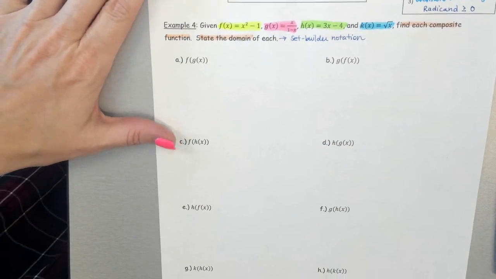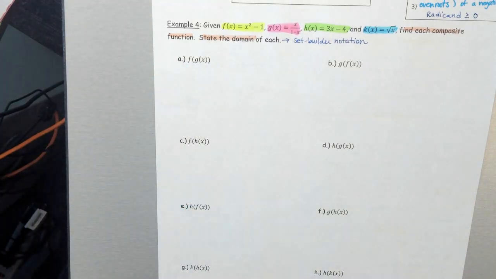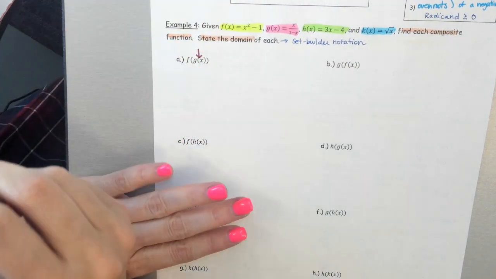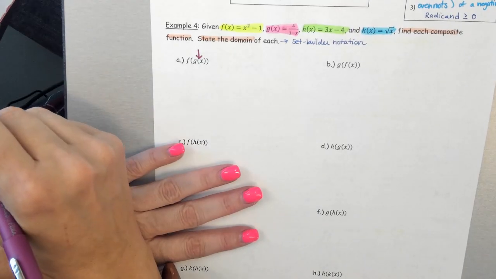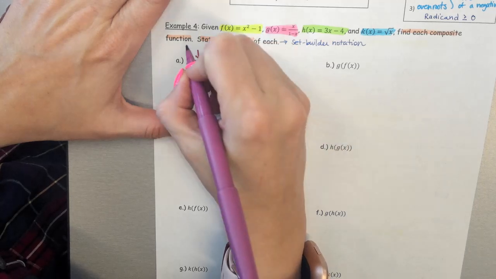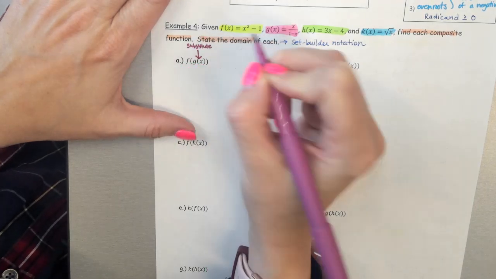Okay? All right, so when you have f of g of x, what that means is you are going to substitute g of x in for x. I'm just going to write substitute.